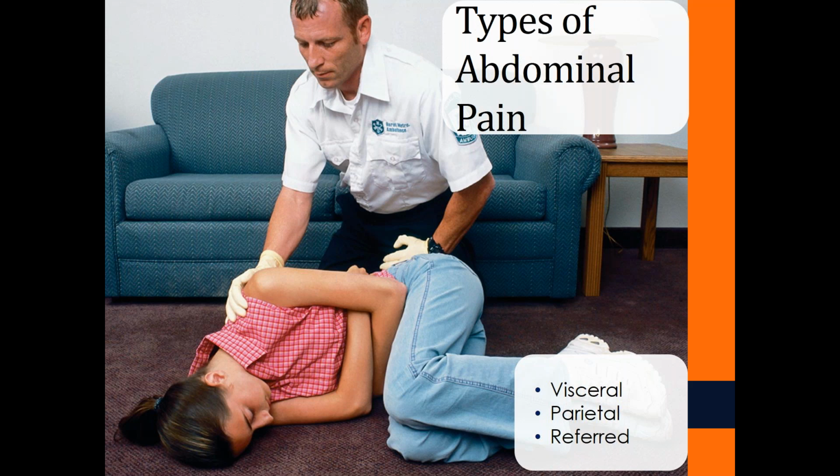Generally, visceral pain is associated with some nausea and vomiting. Parietal pain is much more commonly associated with that irritation in the peritoneal lining. The pain is more sharp in nature. It is typically very constant, and it can be diffuse and spread out, or it can be sometimes very point tender, very specific.